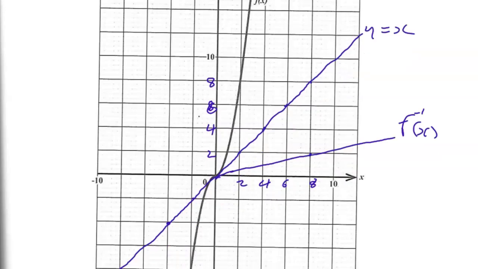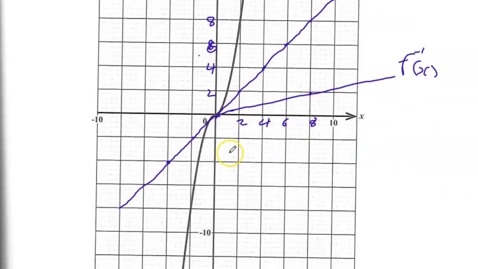Now let's do it on the other side. Notice this graph passes through this point, which is (-2, -10). So if we reflect it in the line y equal x, well, no, this is actually (-2, -8). Interchange those coordinates, and we end up with (-8, -2), which would be approximately about here.